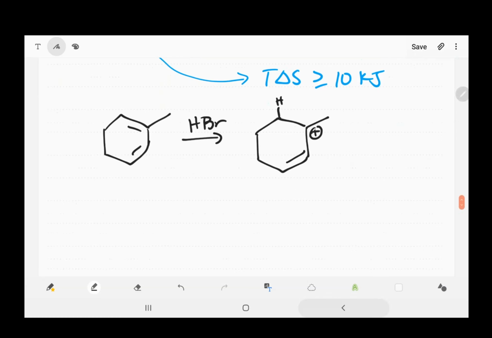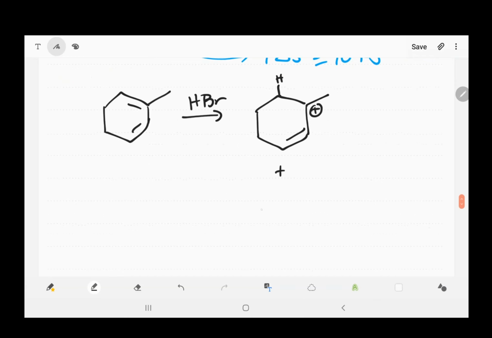We could also say, let's break that bottom double bond, and we're going to end up having our carbocation here instead. So, two options.